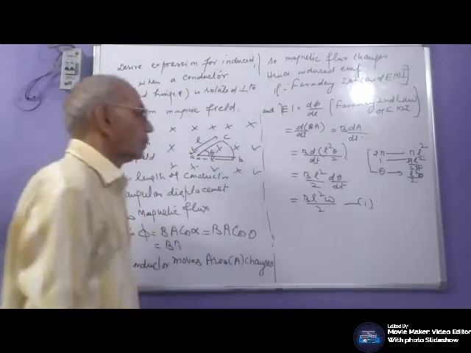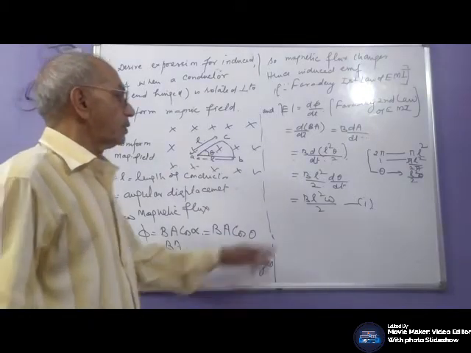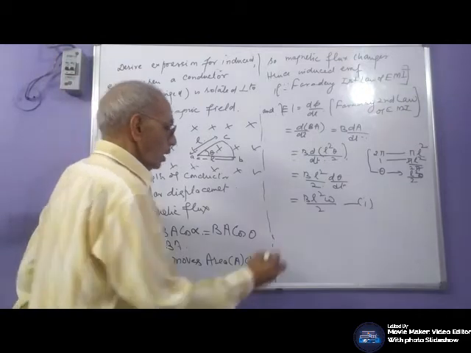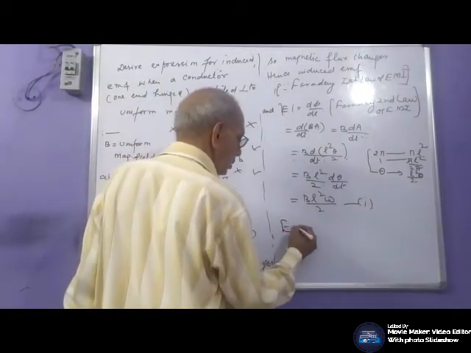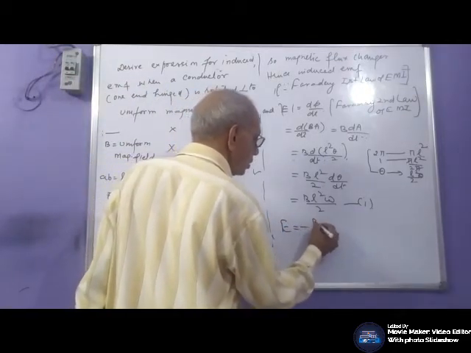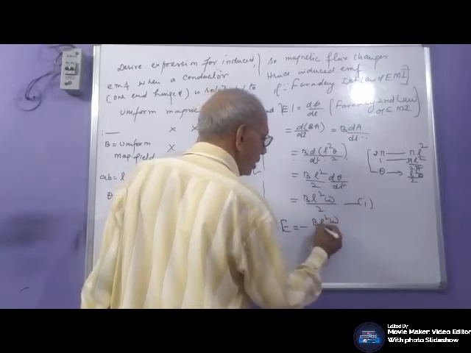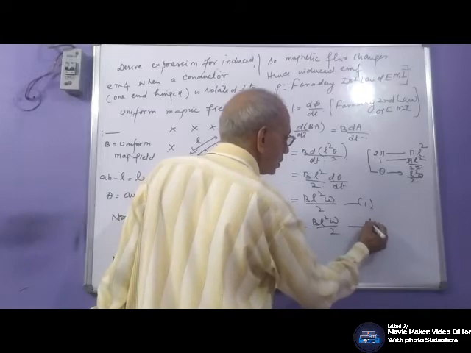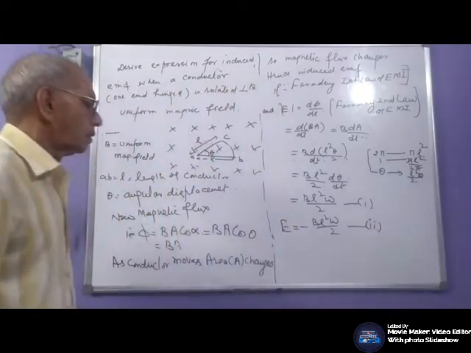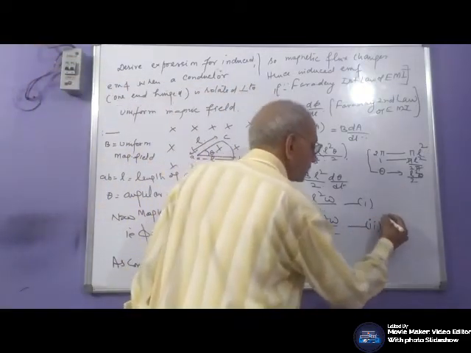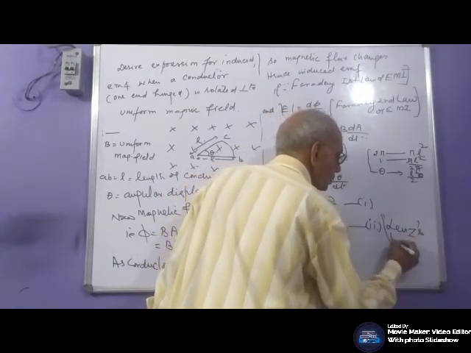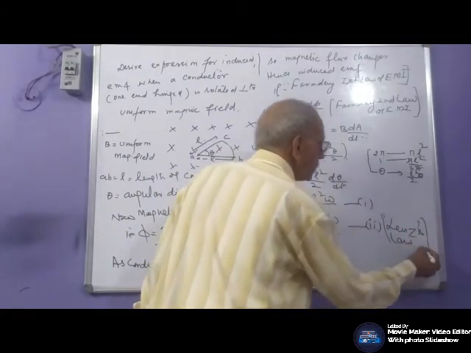This is the induced EMF: d theta by dt is angular velocity, and E is minus B L square omega by 2. Why minus? Lenz's law.